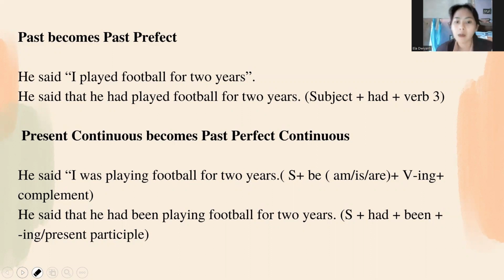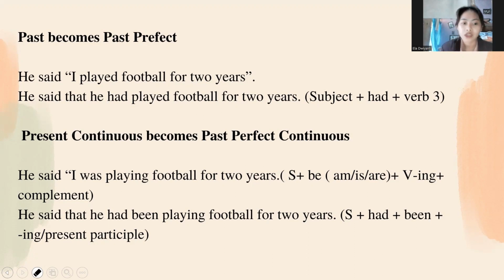Past continuous becomes past perfect continuous. Okay, for example, he said, I was playing football for 2 years. We have subject plus be, am, is, are, plus verb ing, plus complement.